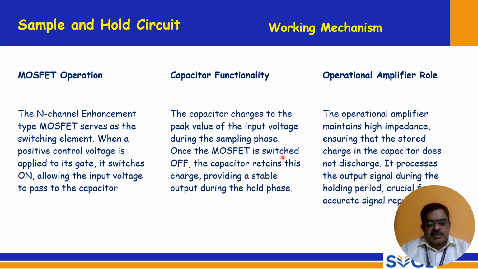Once the MOSFET is switched off, the capacitor retains the charge, providing a stable output during the hold phase. The op-amp role: the operational amplifier maintains high impedance, ensuring that the stored charge in the capacitor does not discharge. It processes the output signal during the holding period and ensures accurate signal representation. So that is the operational amplifier role.